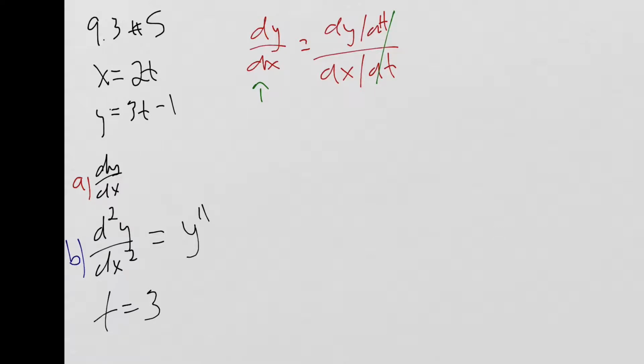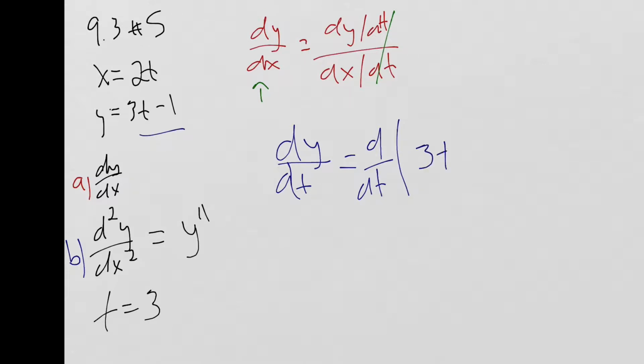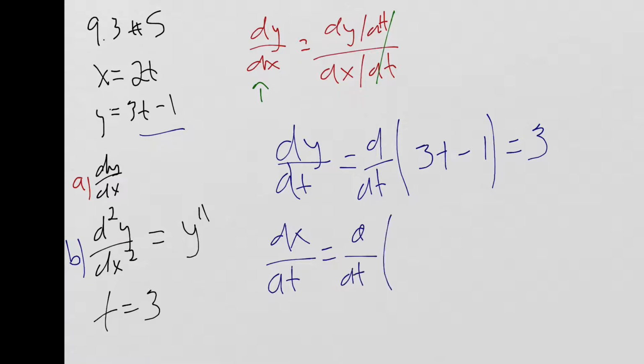Anyway, I'm going to do some scratch work, and I'm going to erase it. dy/dt is the derivative with respect to time of this y, 3t minus 1. Well, that is just 3. dx/dt is the derivative with respect to time of this, 2t.